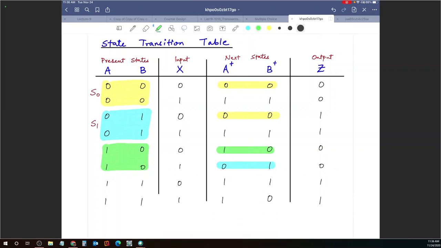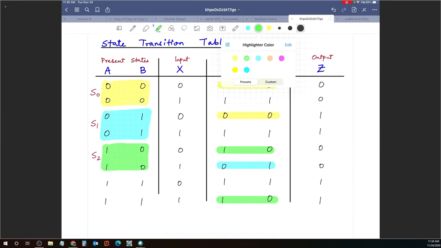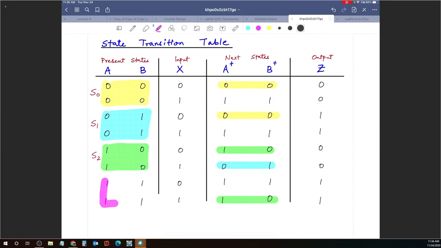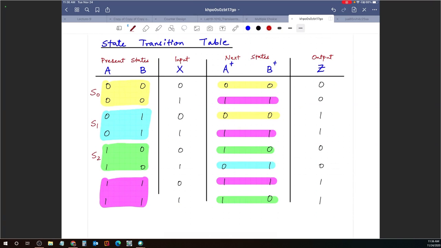Here, here, that's it. State 2. Last one. Here, here, and here. State 3.